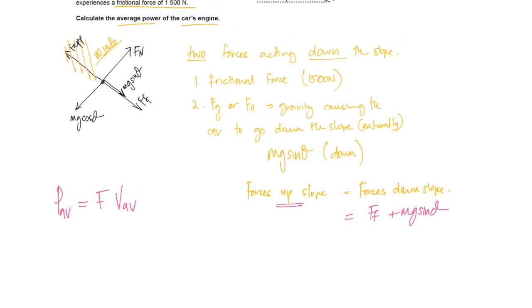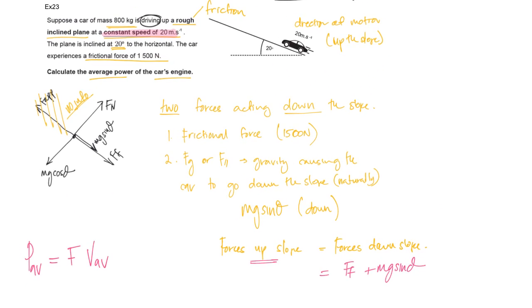Let's see what information I have. I know that my mass is equal to 800 kilograms. I know that my V average is equal to 20 meters per second. I know that the angle theta of my incline is equal to 20 degrees. I have a frictional force equal to 1,500 newtons.